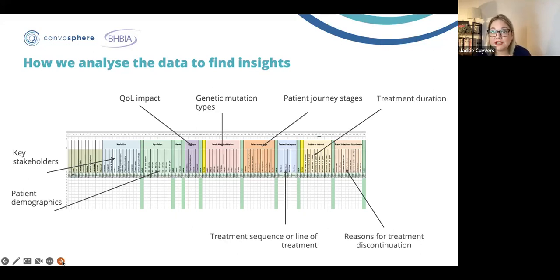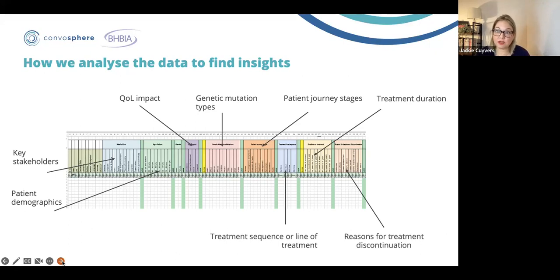Discussion of genetic mutation types, for example, where they are in their patient journey, their treatments, so the treatments they're receiving, the treatments they mentioned they've had historically, why they may have changed or become non-adherent. As much information is recorded as possible from these posts and conversations.